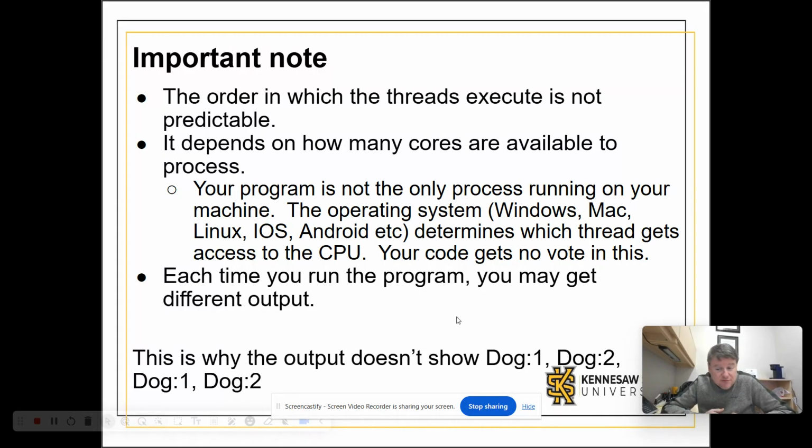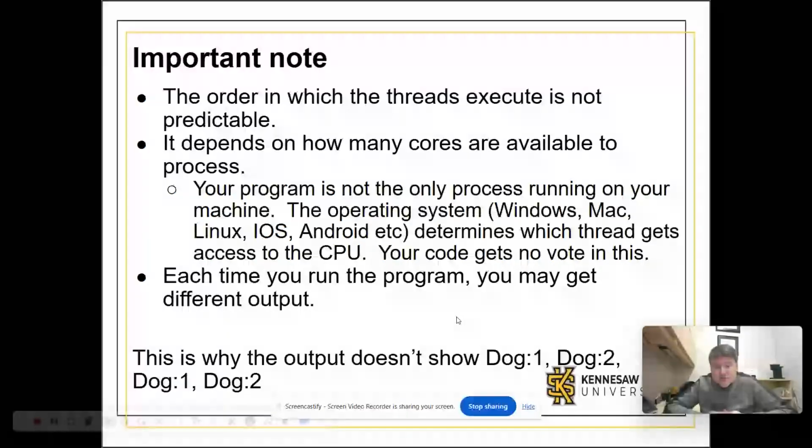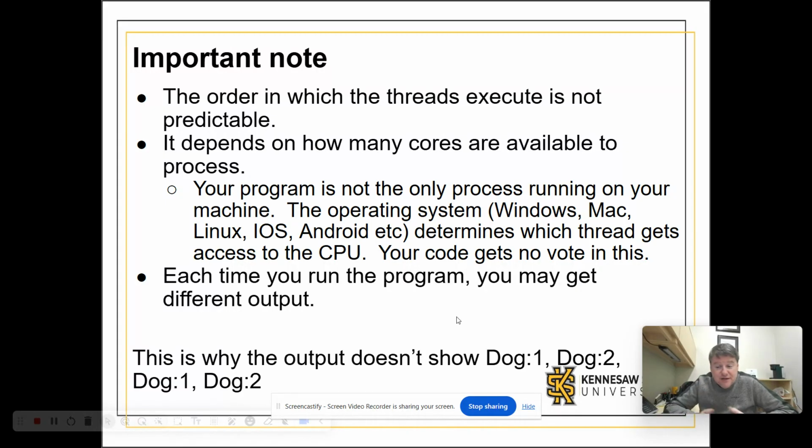And it's not just your Java program that's asking for stuff. Chrome and Firefox and Safari and your PowerPoint presentation and your recording videos and all these other things are asking for resources as well. And the operating system is deciding who gets to go when. So right now, there is a fight going on behind the covers in my machine where the thing that's recording my audio and the thing that's recording my video are having to compete for the processor.